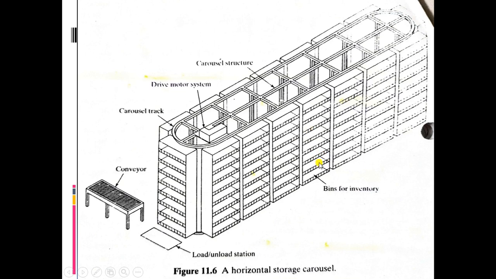The material will be placed by using this loading and unloading station at this location only, and whenever its work is over, this carousel will rotate, and the next section will come in front of that loading and unloading station. So this is how it will work.